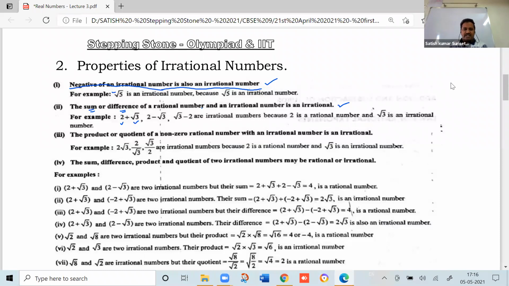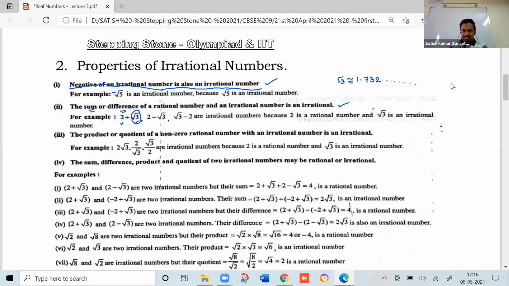Now, even if you have remembered the root 3 value, we have discussed the decimal form. Anybody has remembered root 3? Approximately how much value? 1.732. After that also decimals will be there, but the decimals cannot be terminated nor repeated.